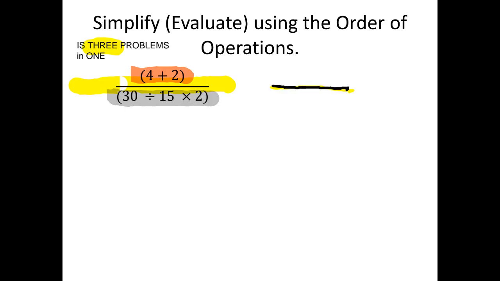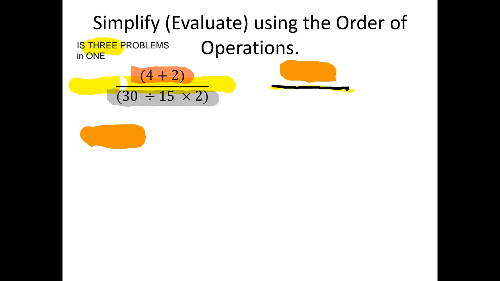Now, we're going to, over here, do the numerator. Now, some of you may be able to do this in your head, which is fine. This is going to give me the answer I'm going to put up here.